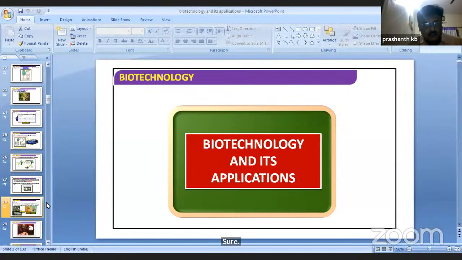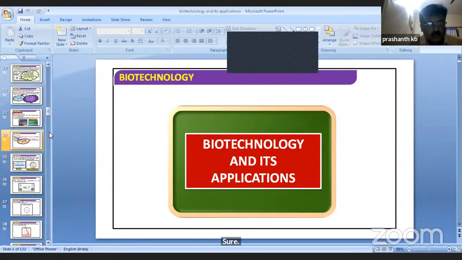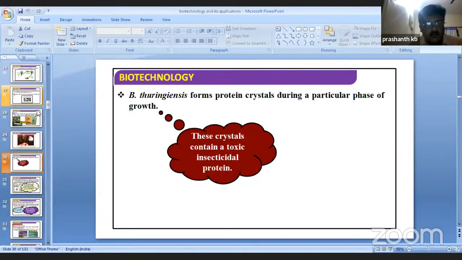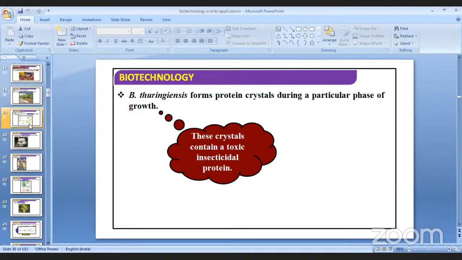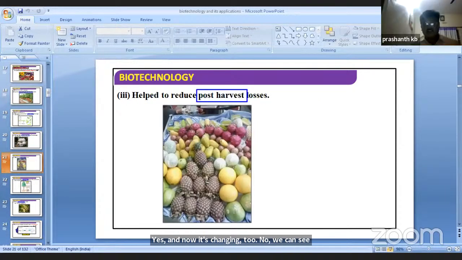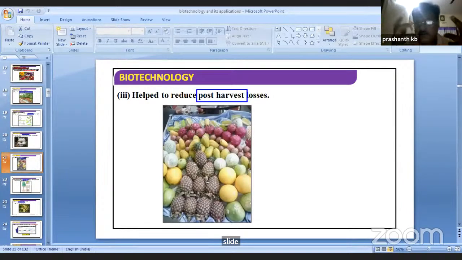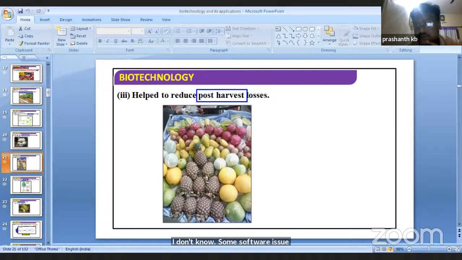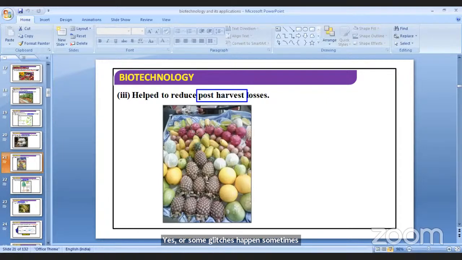Okay, now it's changing, sir. Now you can see the slides moving. Some software glitches happen sometimes. Please let me know immediately if the slides are not moving. Sir, it was moving, but suddenly it got stuck.